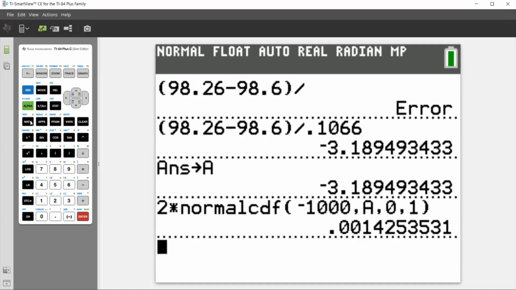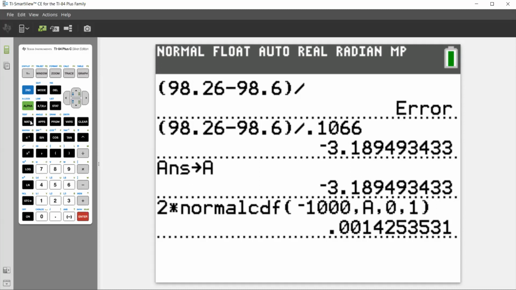And that is our total p-value, 0.0014, rounding that to 4 decimal places. So again, we're calculating a test statistic, plotting it on the standard normal curve, finding the area, and in this case, multiplying by 2 because it's a two-tailed test, and it gives us our p-value.